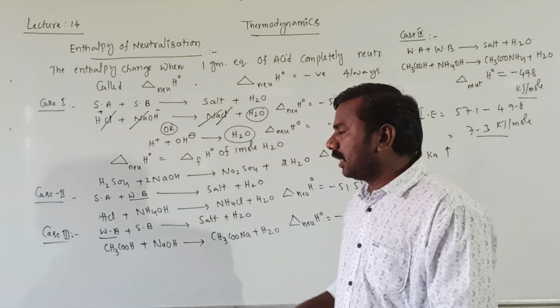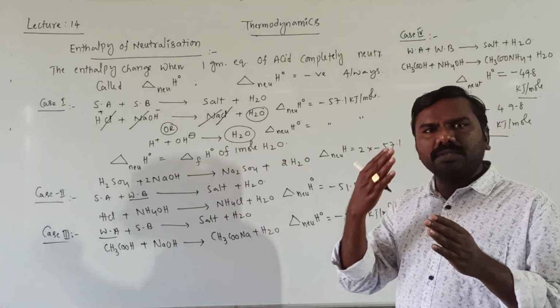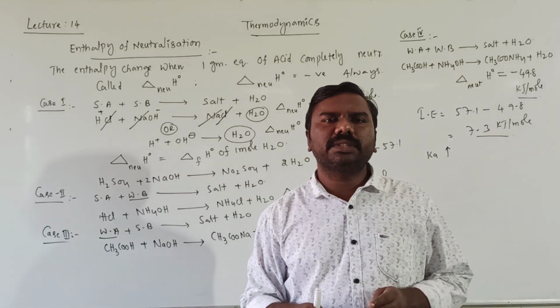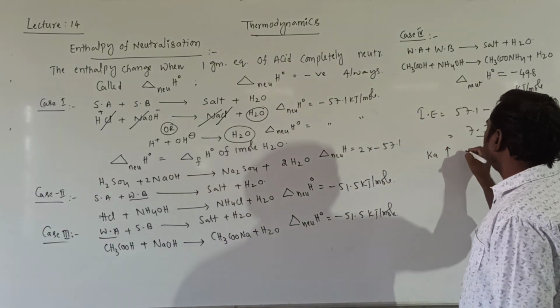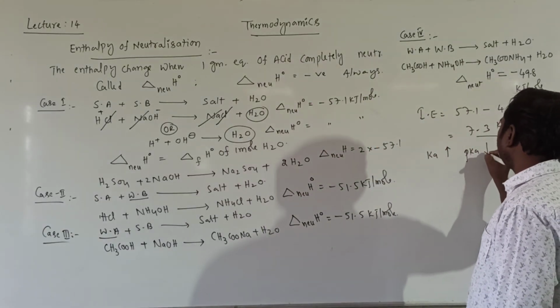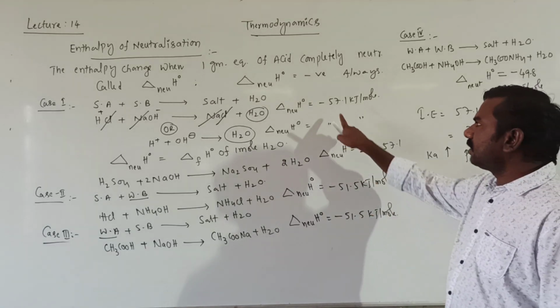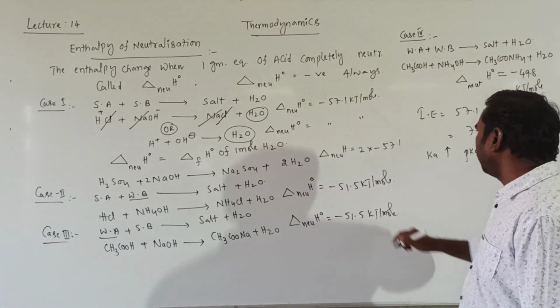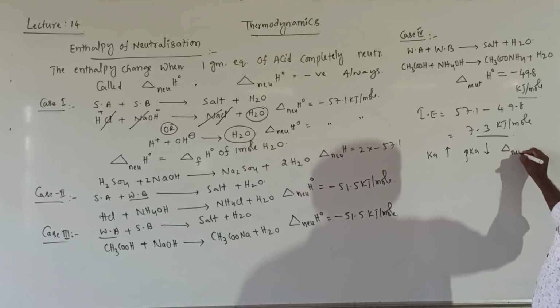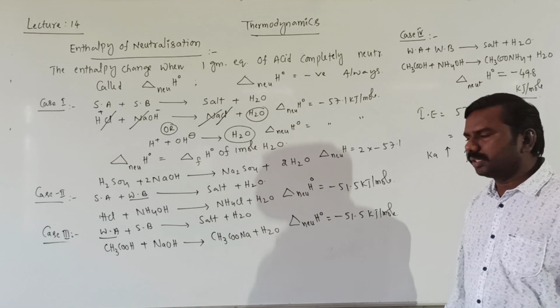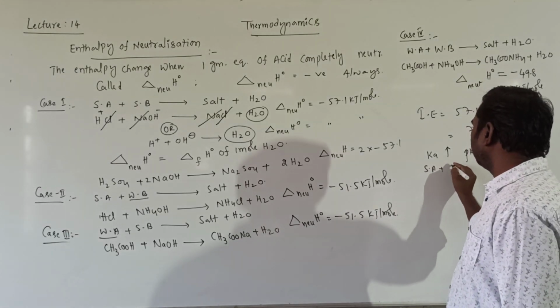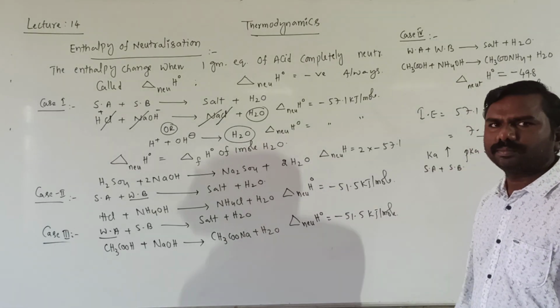Here also, in strong cases, the dissociation constant Ka value increases and the pKa value decreases. In strong cases, the enthalpy of neutralization is very high. Correct? This is for strong acid plus strong base.